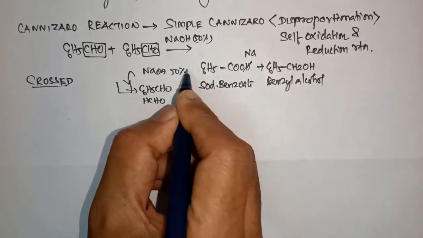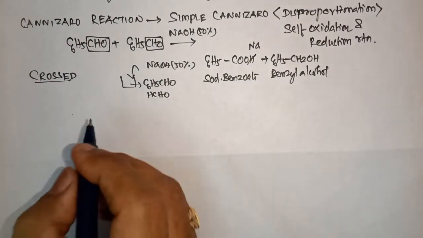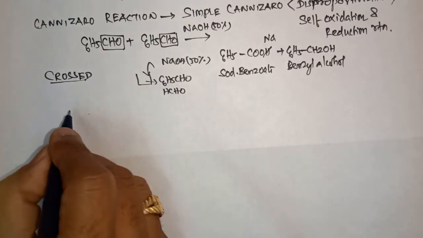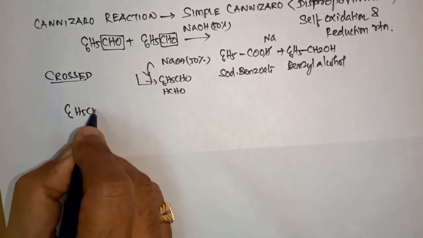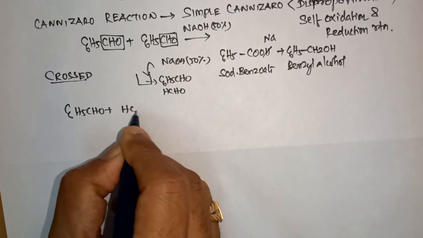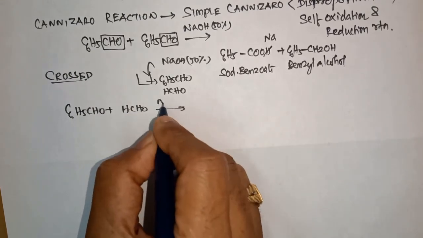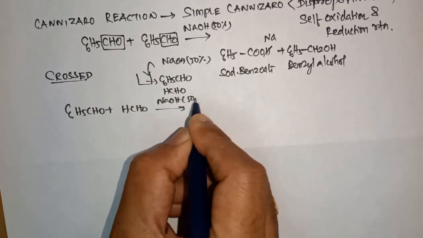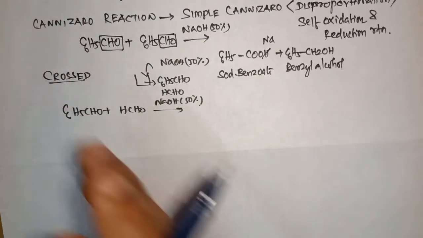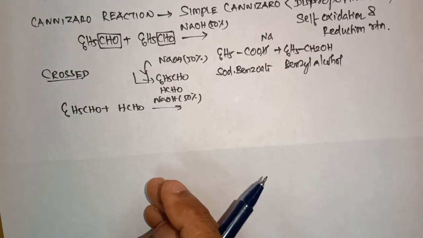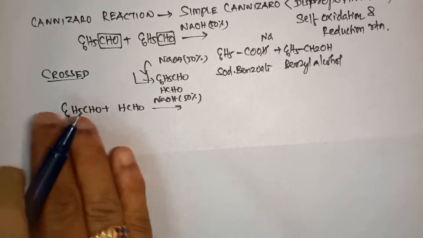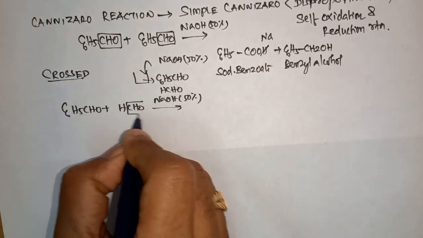The reaction happens between these two molecules: benzaldehyde plus formaldehyde with sodium hydroxide 50%. One is undergoing reduction, another one is undergoing oxidation. You see which one will undergo reduction and which one will undergo oxidation.